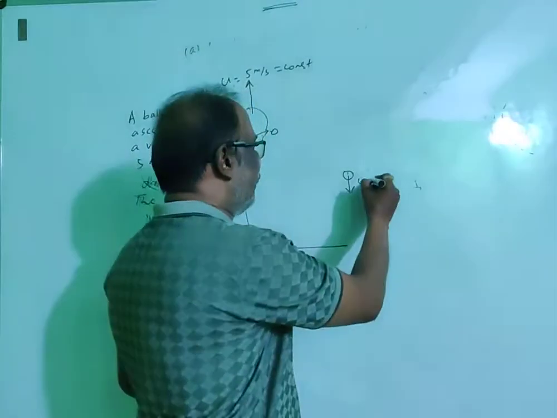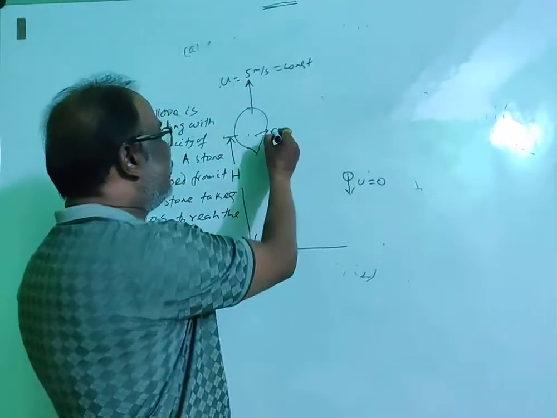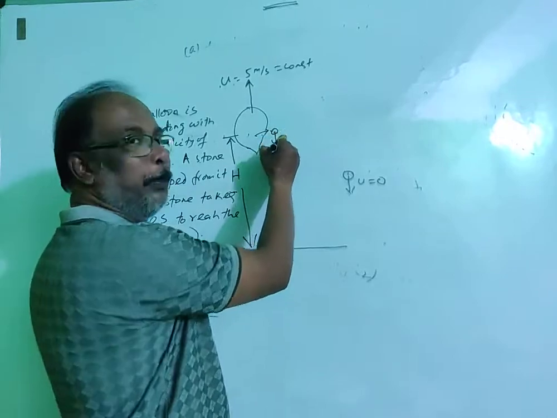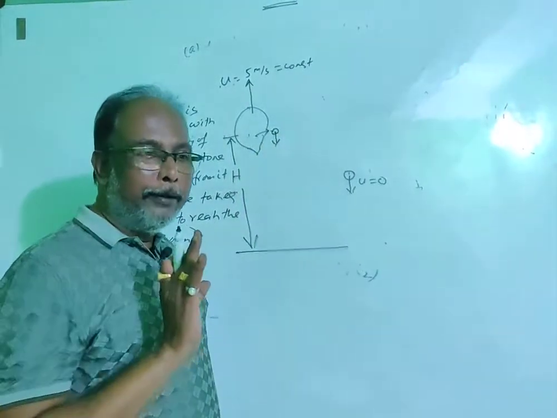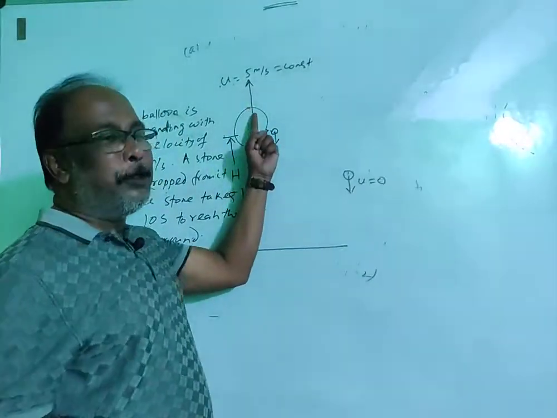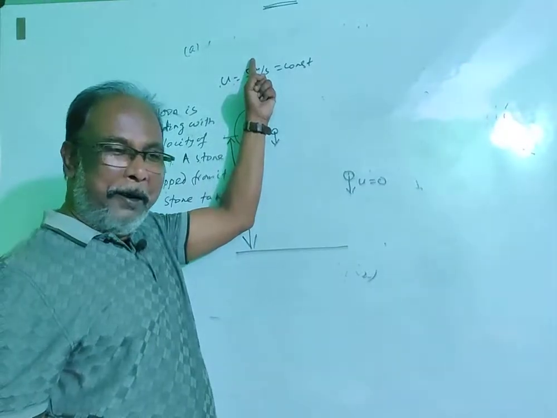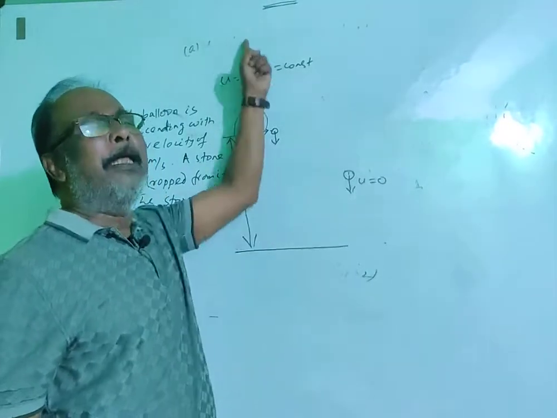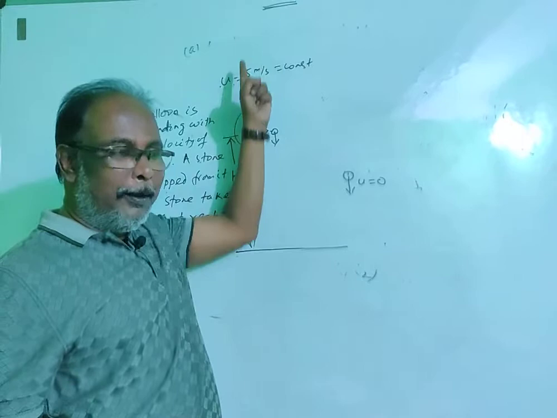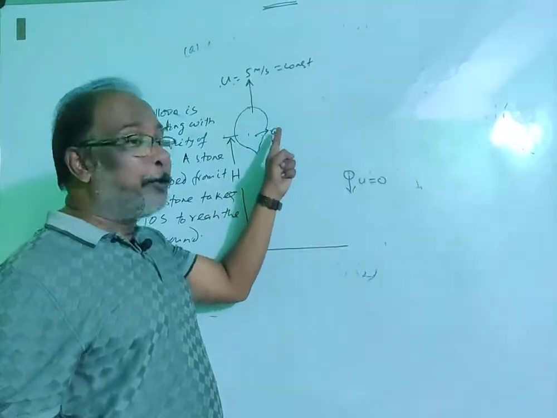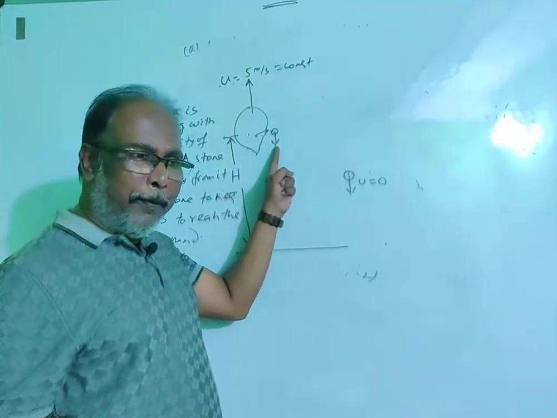But here, the initial velocity of the stone is not 0. Why? Because the balloon is moving with velocity 5 meters per second. The balloon is in motion while the stone is dropping from it.